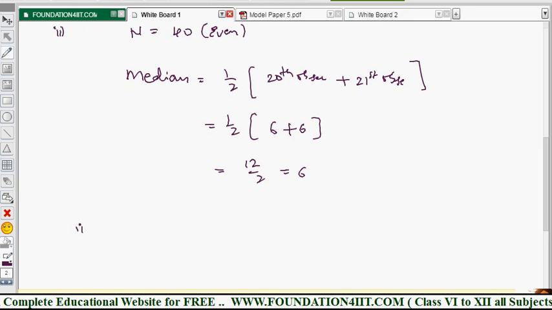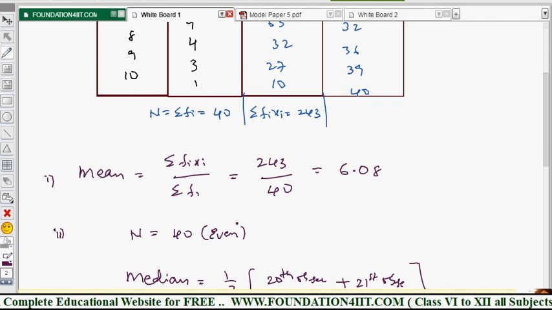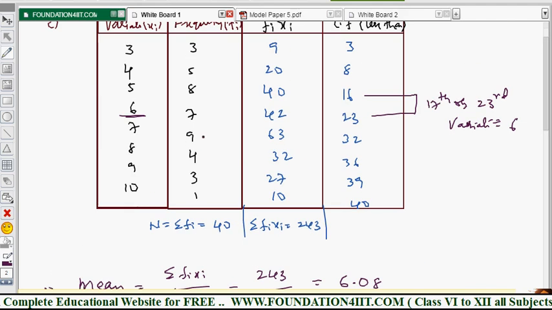And to find out the mode, it is nothing but the number which occurs the maximum number of times. So from the xi, if you observe, the maximum frequency is 9. The xi for 9 is 7. So this is the mode.